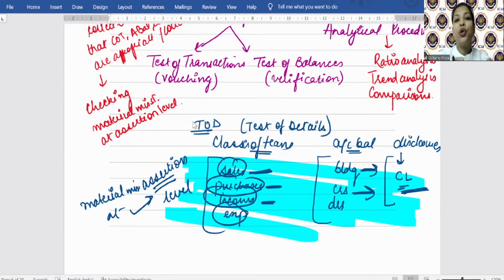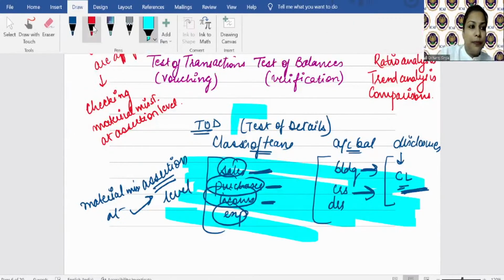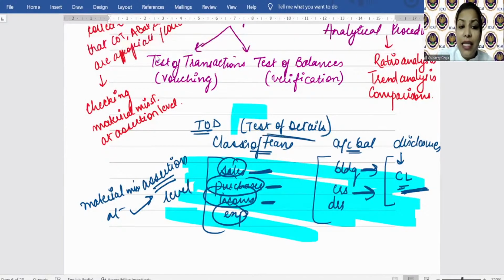Once he is sure about each and every assertion present in the financial statement, only then is the auditor in a position to give his opinion, right? So how does the auditor do that? By performing test of details. That is, he is going to check all these things in detail. He is going to test, and how? Again, by performing audit procedures only, right?